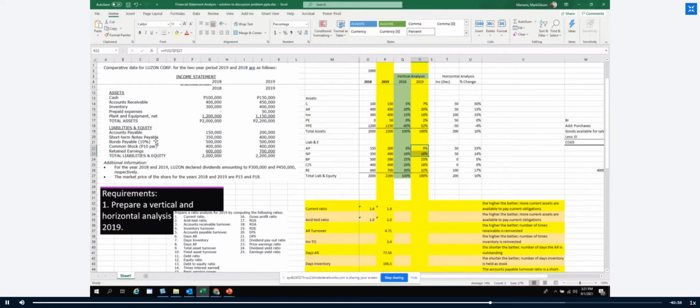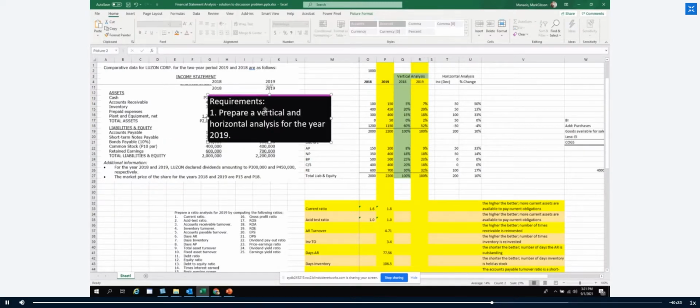Of course, your bonds payable, earlier on we've talked about bonds, are actually long-term liabilities. Of course, your common stock and retained earnings form part of your equity. No? So I hope that's clear. Okay, so that's vertical and horizontal analysis.